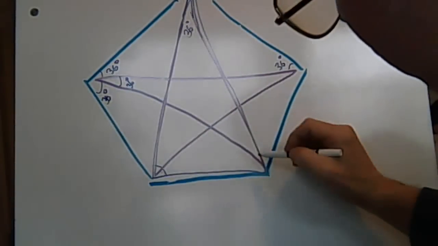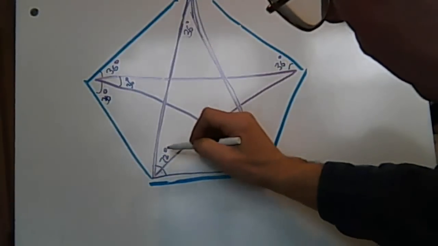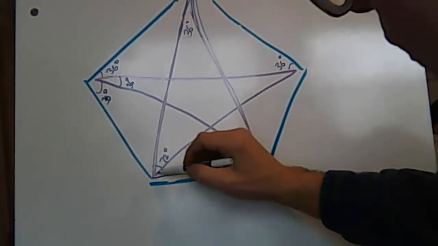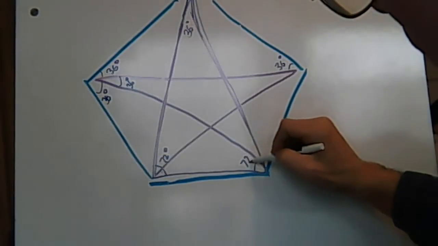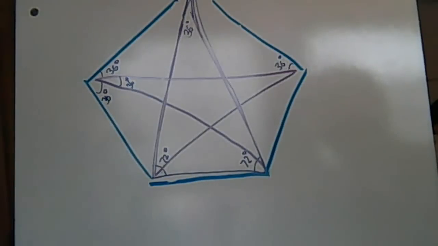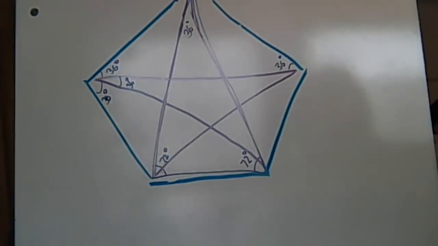Down at the bottom, the so-called base angle of this is 72 degrees on each side, because it's got two of these 36-degree angles in it that we just talked about. This is a triangle that's 72, 72, and 36. This is a very, very special triangle. And it shows up in the pentagon.